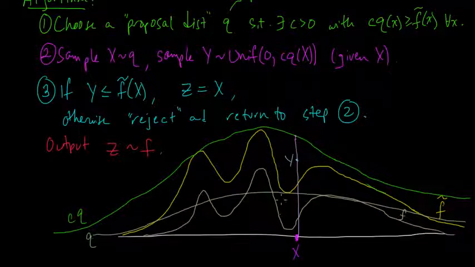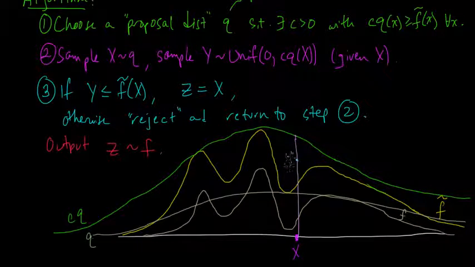So maybe that's our y. If that's our y, then we go to step 3, and step 3 says, is y less or equal to f tilde of x? F tilde of x is here. That's the point on the yellow line. And y is not less or equal to f tilde of x. It's greater. And so we don't accept, we reject. So we would reject that y and return to step 2.